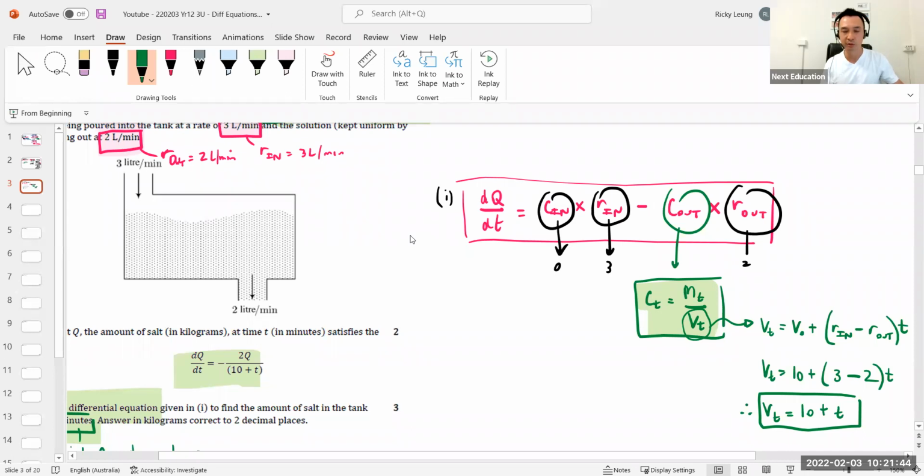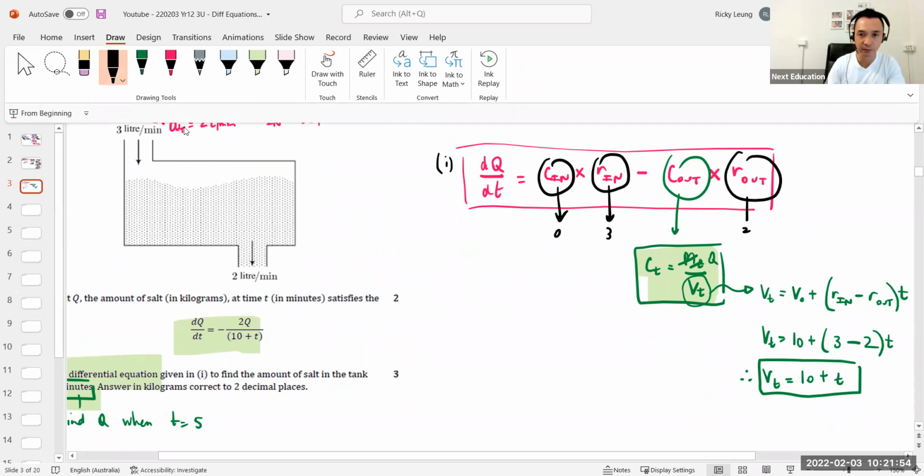And M on the top just gets replaced with the letter Q. Yeah, let's sub that in. This is what we're going to get. So therefore, my system for dQ/dt, the differential equation, is equal to, that's gone, that's 0, right? Negative, because it's only flowing out.